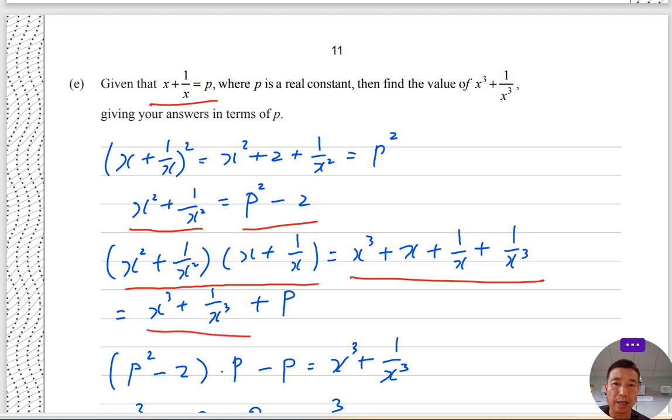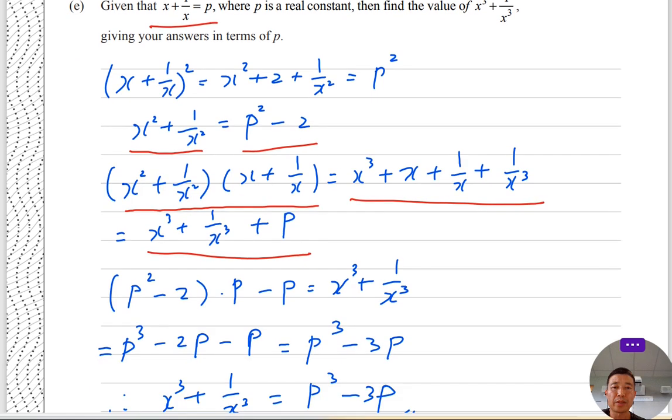So p squared minus 2 is x squared plus 1 over x squared, times x plus 1 over x, and then I take away p, then I get x cubed plus 1 over x cubed, isn't it?